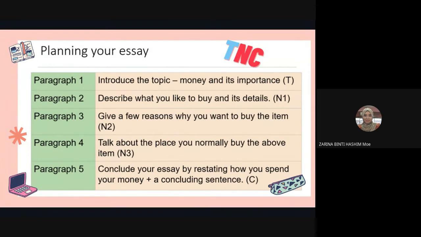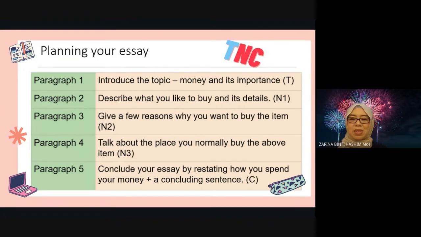Tapi kalau boleh tukarlah sikit perkataan tu, janganlah guna perkataan yang sama. But the main idea is the same, just that the words that you use here are a little bit different than in paragraph 1. And also a concluding sentence. So I name it as C. So remember part 2, T and C. T for topic, N for notes, C for conclusion. So this is your planning for part 2.